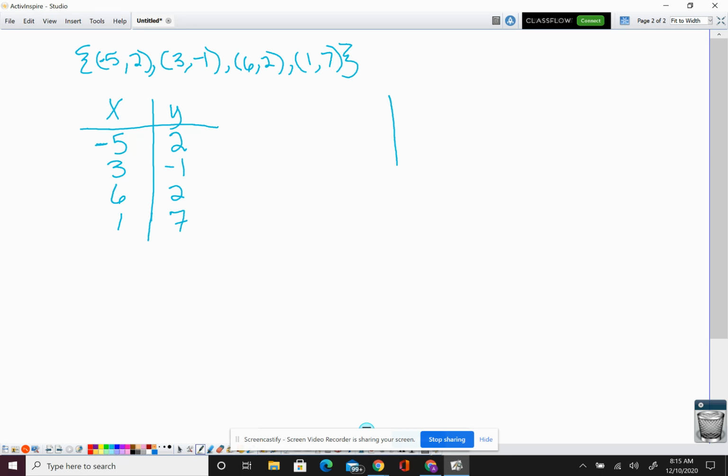Can you plot those ordered pairs on a graph? Yes, Gianna says yes, you can. Remember, your x is going horizontally, so we're going back 5 units and up 2 units.